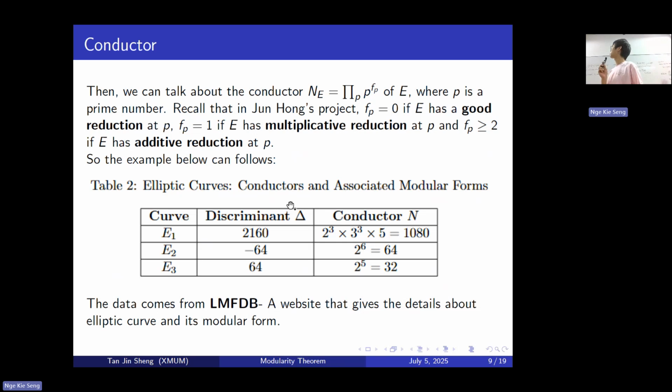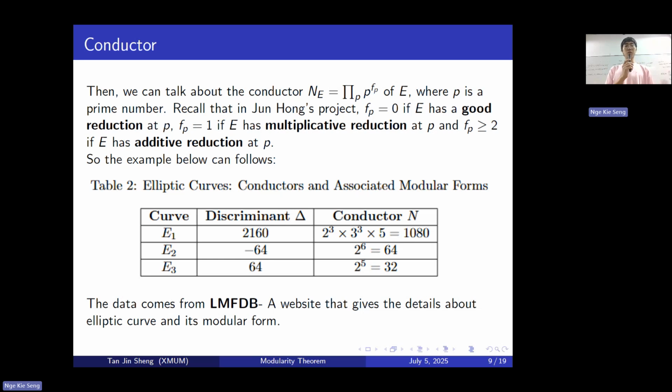Recall in the previous project, if E has a good reduction at P, Fp equals 0. If E has a multiplicative reduction, then we have Fp equals 1, as a power of the P. And next, if E has an additive reduction at P, then we get that Fp is greater than or equal to 2.